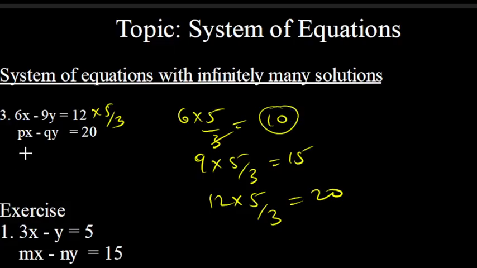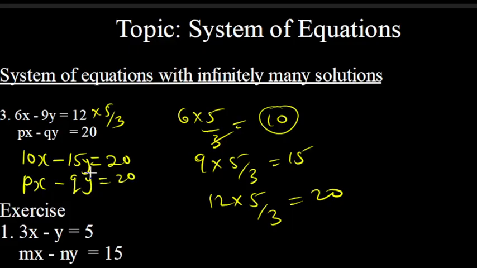So we have 10x minus this one is 9 times 5 over 3, this 15, minus 15y is equal to 20. So this is px minus qy is equal to 20.